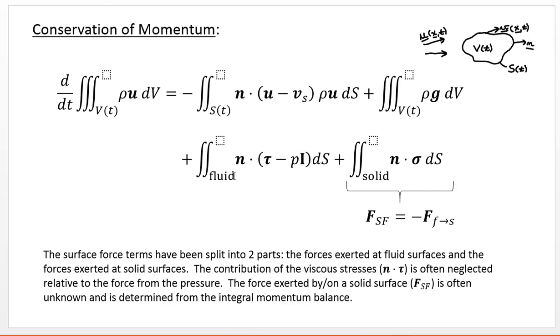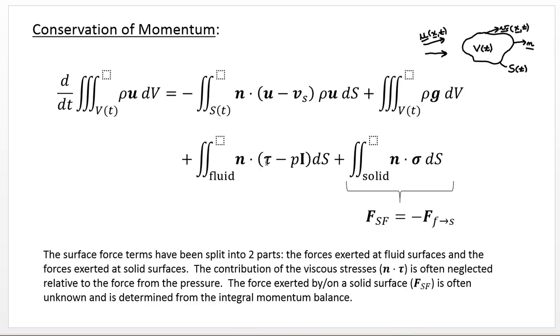So, as we said, the surface force terms have been split into two parts. One integral over the fluid, the second integral over the solid, that we denote F_SF because we don't really know much about the stress tensor in the solid. The contribution of the viscous stresses, this n dot tau in this integral over the fluid, is often neglected relative to the pressure force. It's for two reasons.